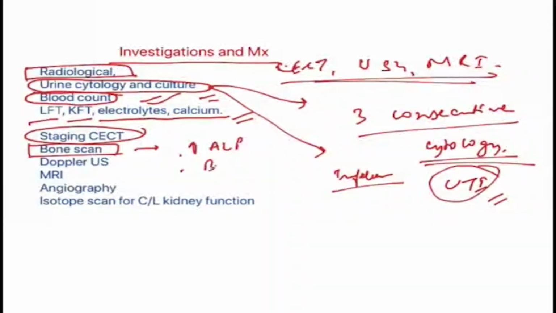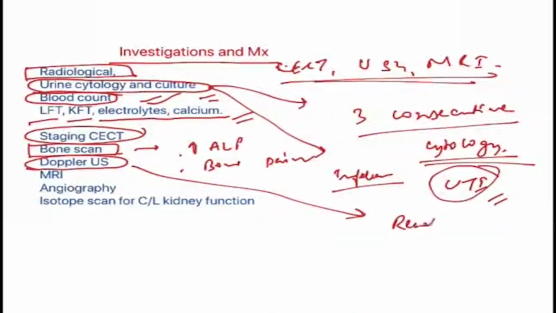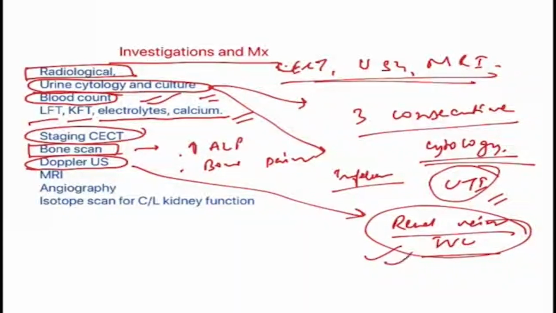Then for staging, CT is done, and bone scan is done when there is increased ALP and the patient has a complaint of bone pain, to see bone metastases. Then Doppler ultrasound is done to see renal vein involvement or IVC involvement. When a thrombus is present, it can be detected on Doppler.